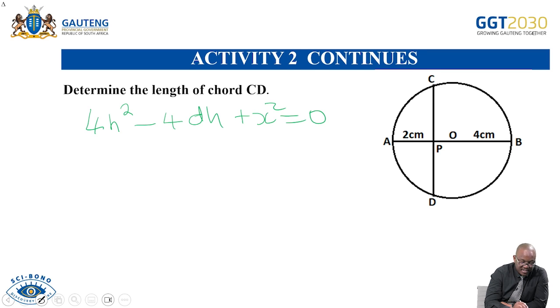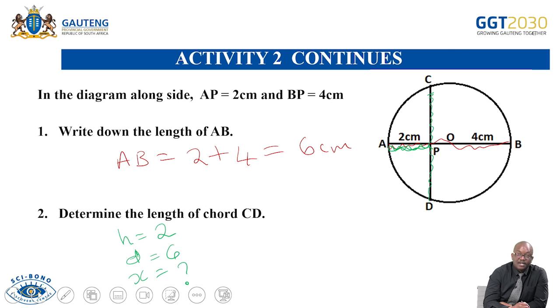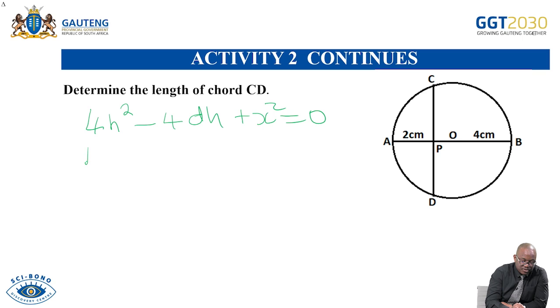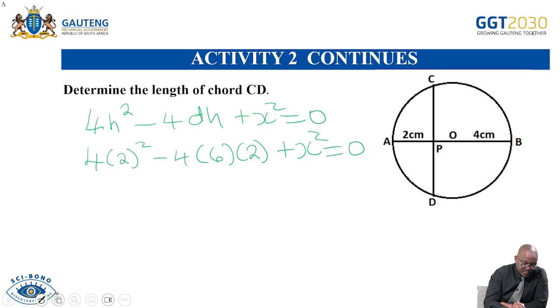From our previous slide, we know that our h is 2 and our d is 6. So when we substitute, where there is h, we substitute 2. And where there is d, we substitute 6. And where there is h, we substitute 2, plus x squared is equal to 0.